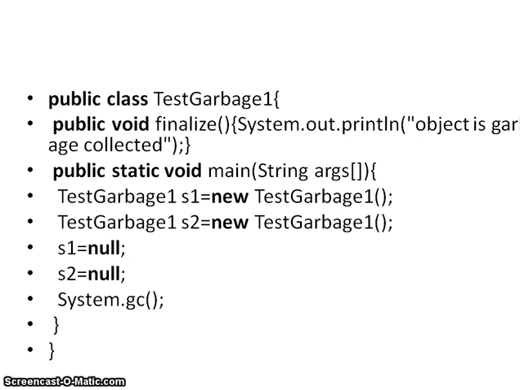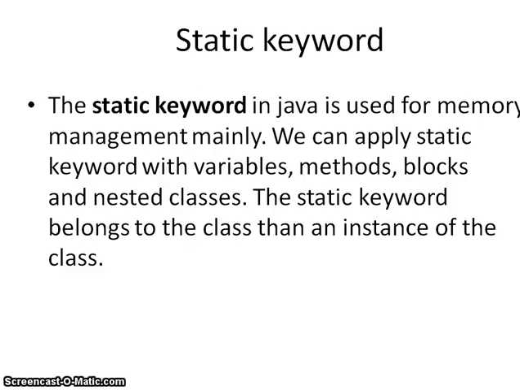Then I assign S1 equal to null and S2 equal to null, so the references are set to null. System.gc is the function for garbage collection, which calls the finalize method. So what will be the output here? Object is garbage collected.